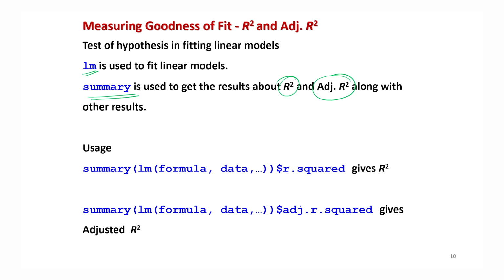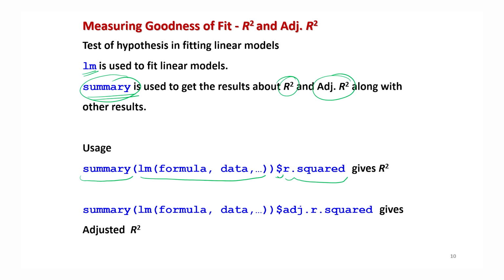So if you use the summary command with lm, then you will find the value of R square and adjusted R square. On the other hand, if you only want to find the value of R square, then you have to use the summary command with the lm formula, and then write $r.squared, all in lowercase.